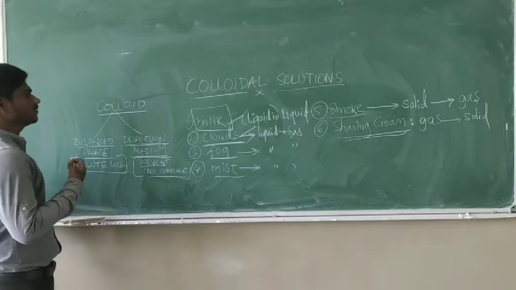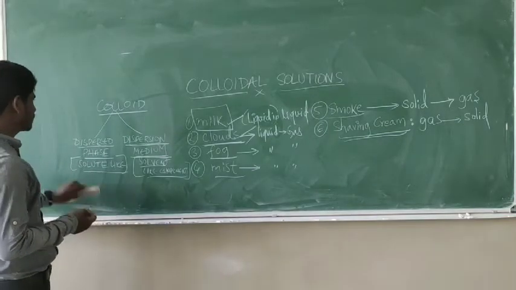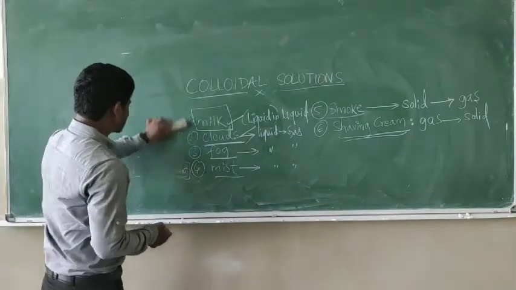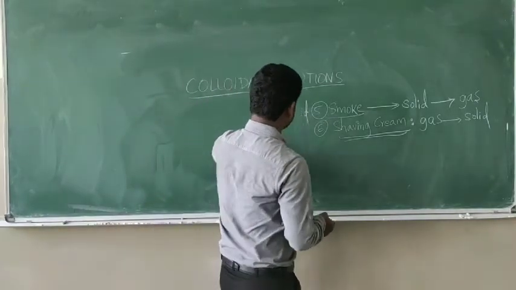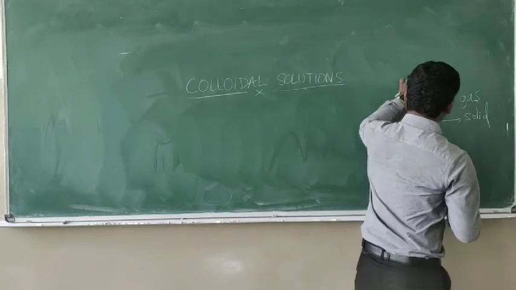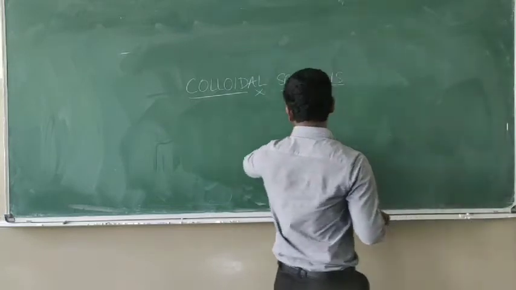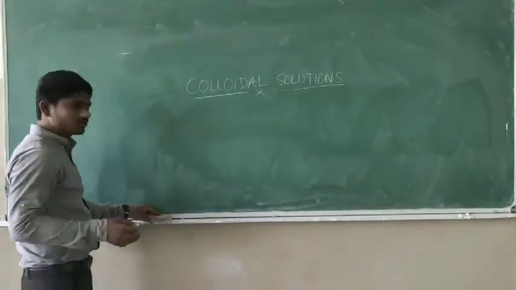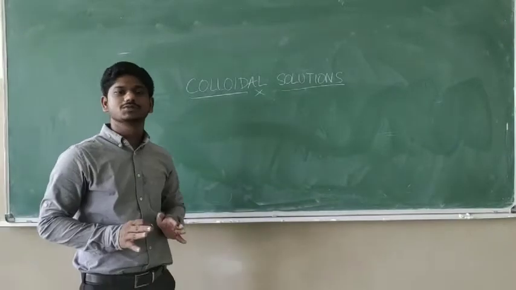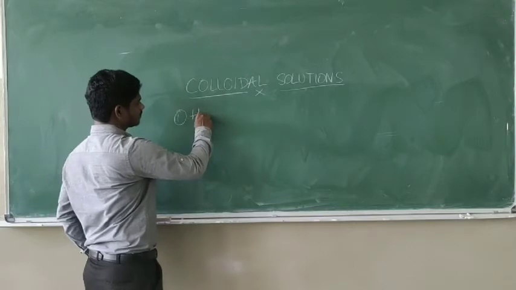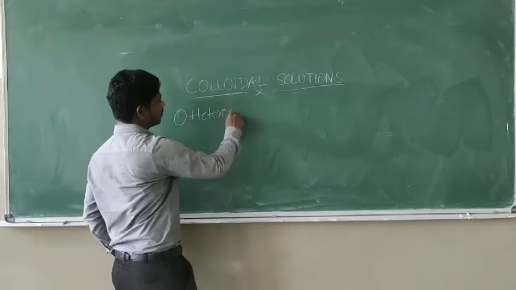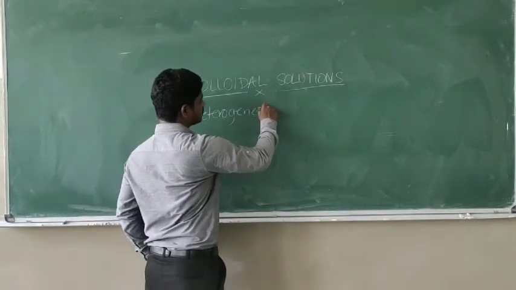So what are the different properties of these colloidal solutions? Let us discuss the properties of colloidal solutions. The first and foremost property is that it is not a homogeneous mixture, but a heterogeneous mixture. Colloidal solutions are heterogeneous mixtures.